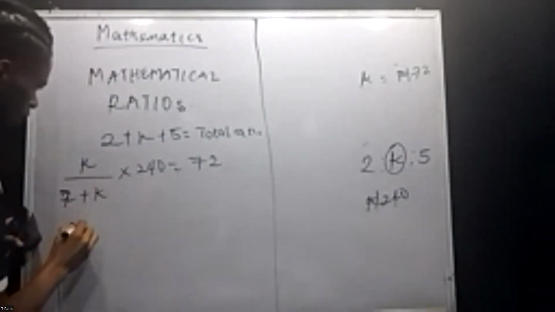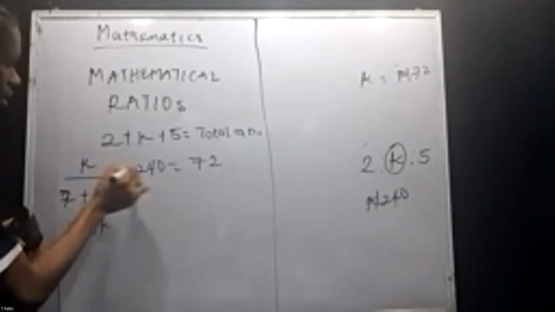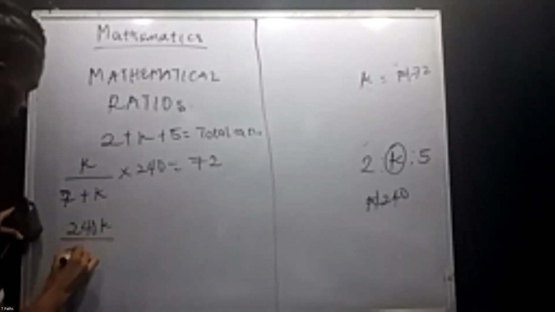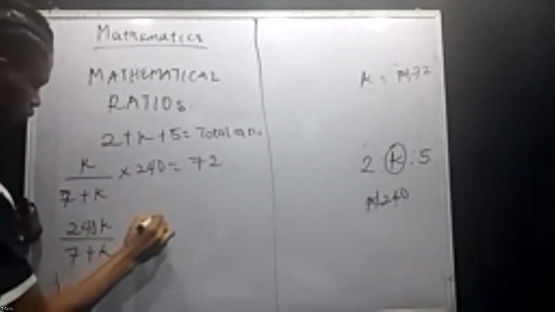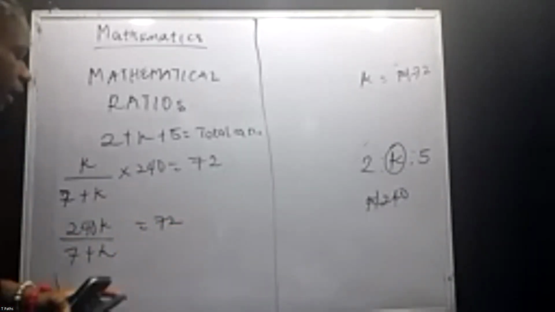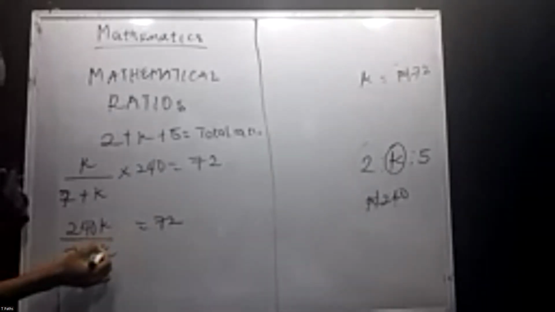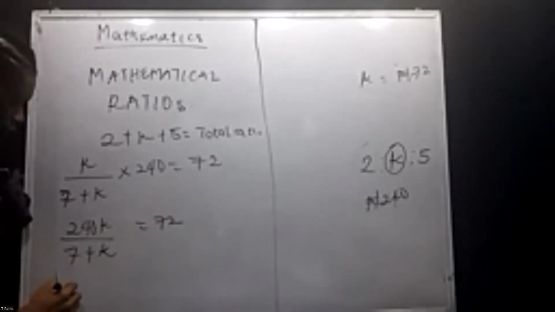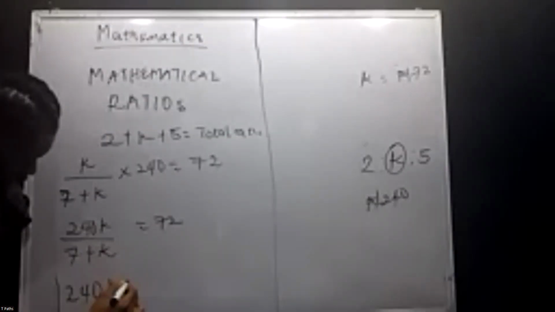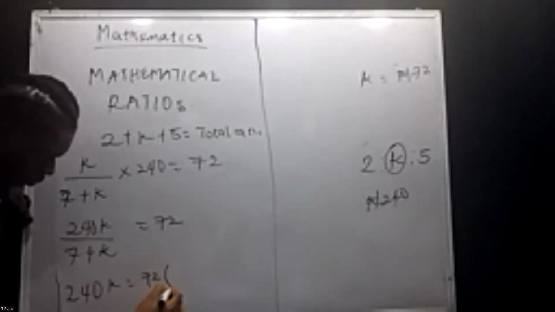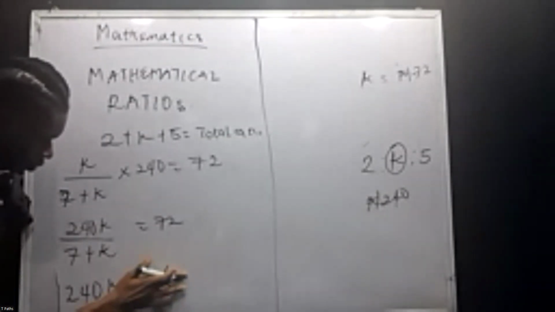I'll say 240K, that's this multiplied by this, divided by 7 plus K is equal to 72. So here I can multiply both sides by 7 plus K, or in simple ways, I can just cross multiply, all right? So I'll have 240K is equal to 72 multiplied by 7 plus K.